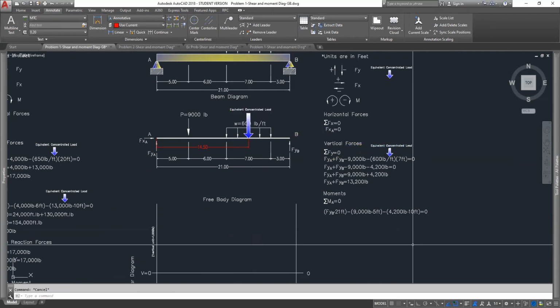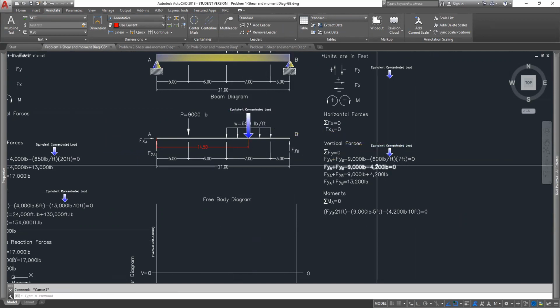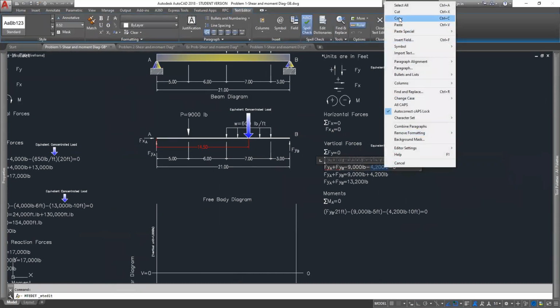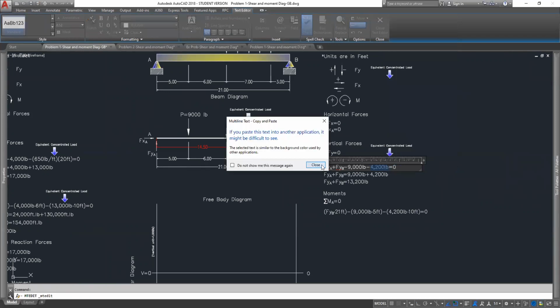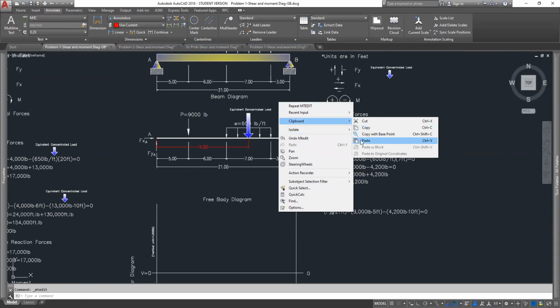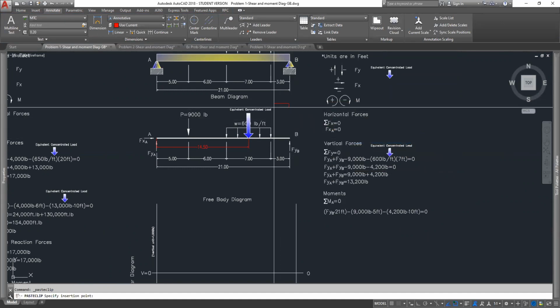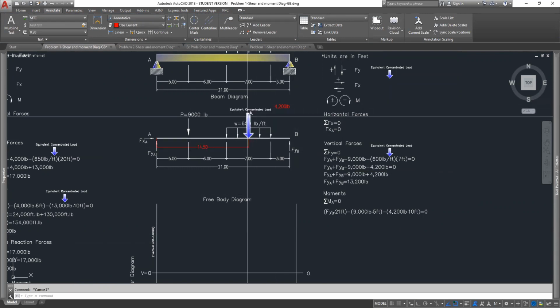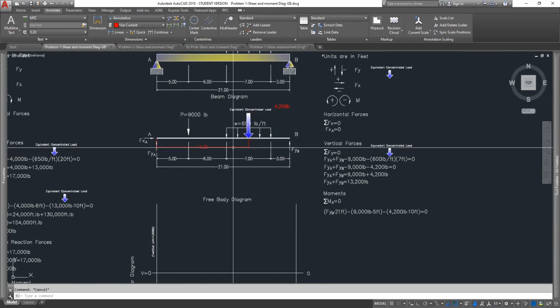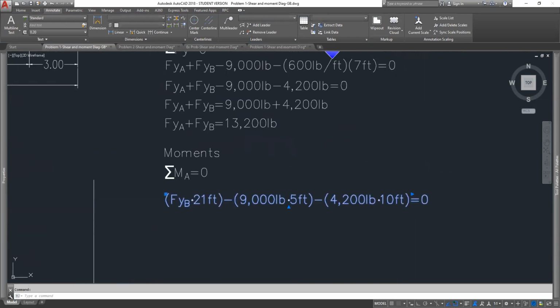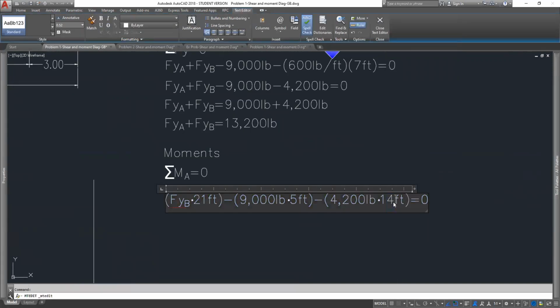And we know the value of that load was 4,200 pounds, correct? That's the equivalent concentrated load located 14.5 feet from there. So we're going to change this value and change that to 14.5.